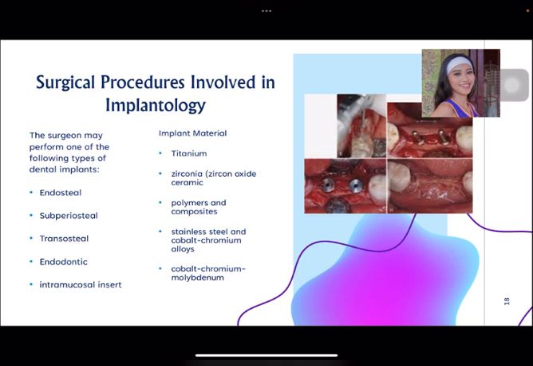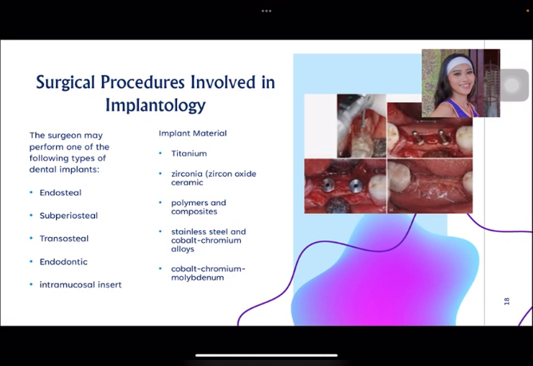The zirconia, they are white in color and can be a good aesthetic choice, particularly for patients with thin and translucent gum tissue. And the appearance of the tooth is excellent, and biocompatibility.